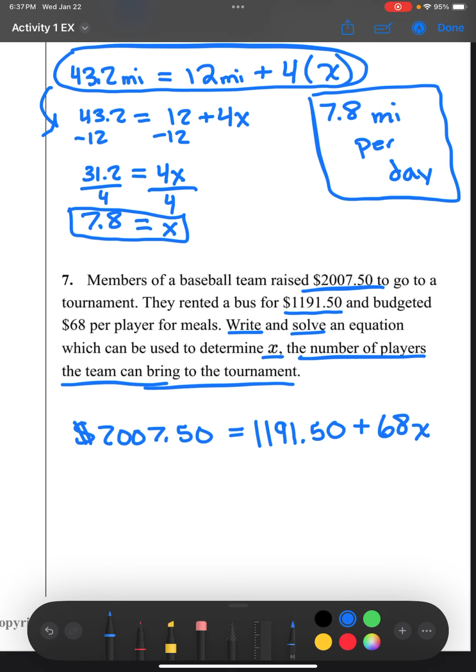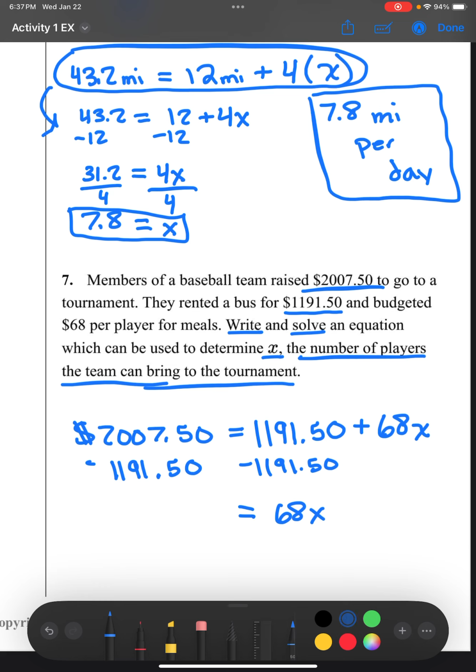Now to solve it, we need to subtract our $1,191.50 from both sides, which leaves us with 68 times x, and through that math we should get 2007.5 minus 1191.5.